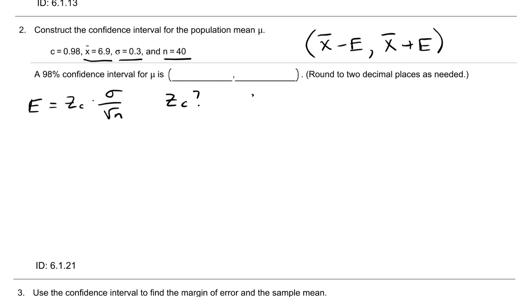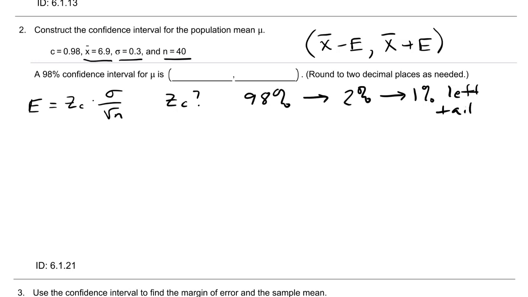So we have all of that except for the critical value of z, but we know that for 98%, that's not actually on one of our charts, so 98% would mean that there is 2% left in the tails, which means there's 1% in the left tail.